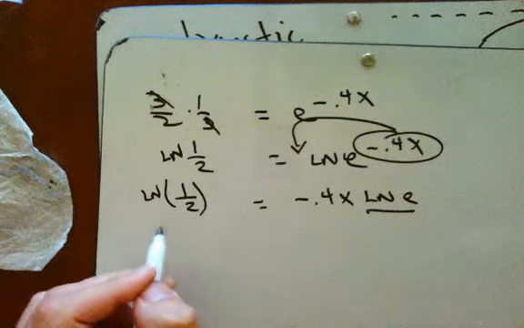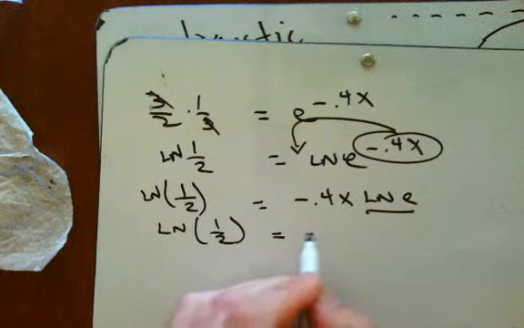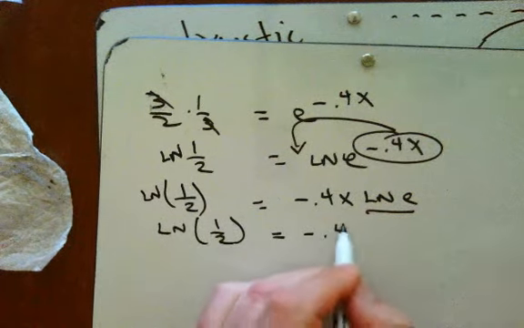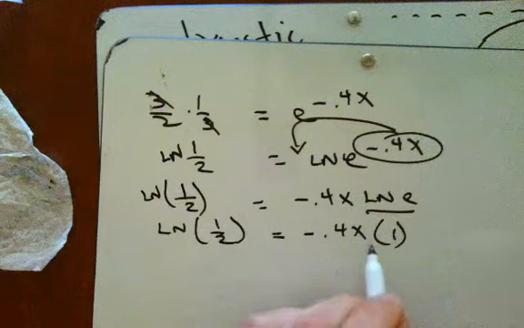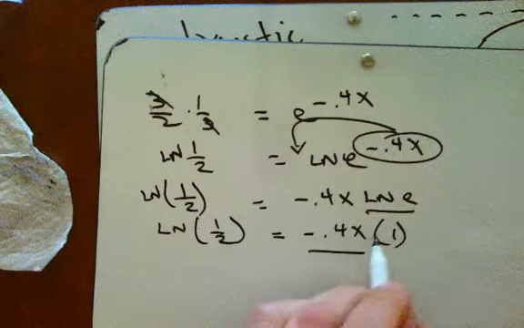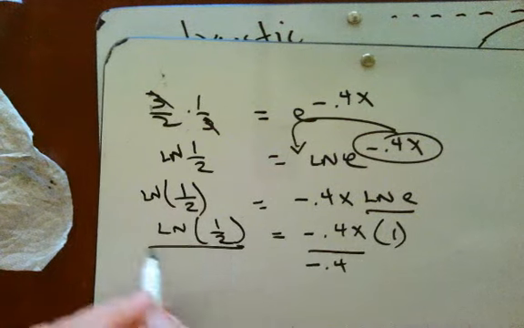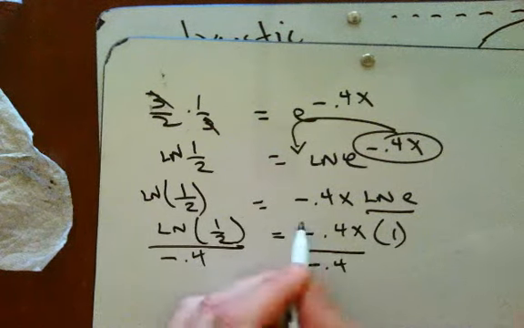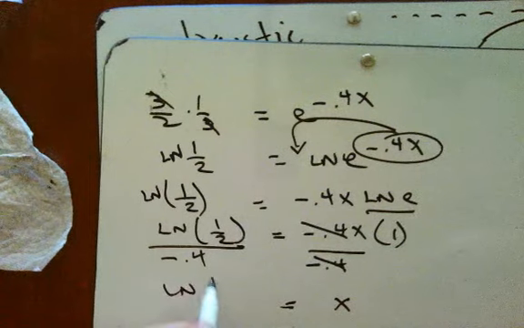And then I want to take the ln of both sides. Remember, if I take the ln of both sides, I can use my power rule to bring down this power. So I get the ln of 1 half over here, and over here we've got negative 0.4x ln of e. What was the ln of e again from earlier?